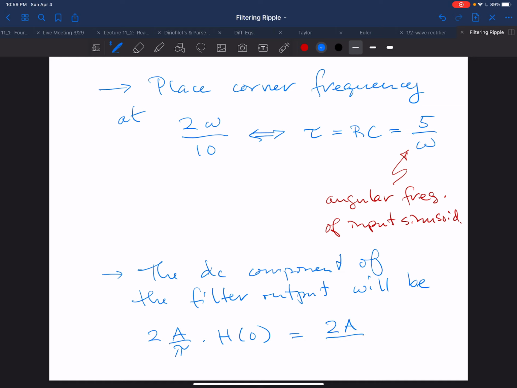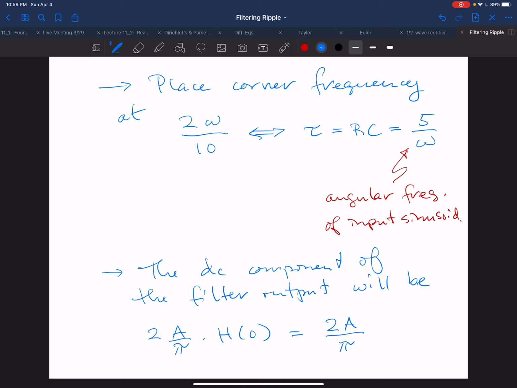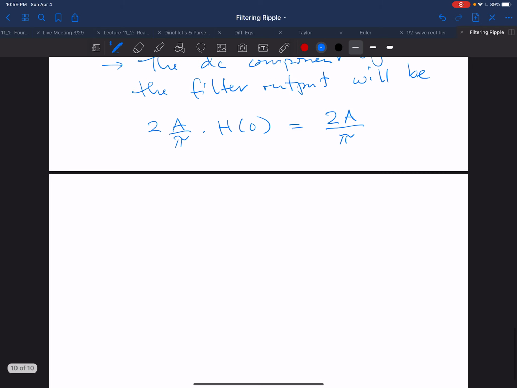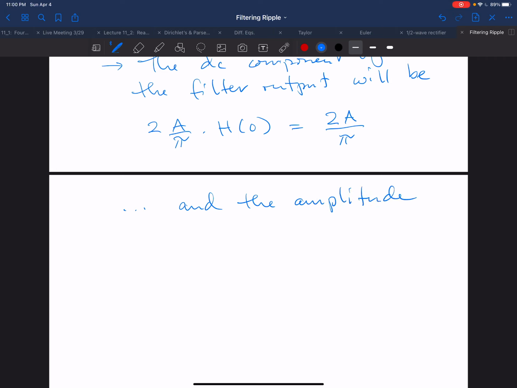So we'll get 2a over pi again as the DC component of our signal once it's gone through the filter. But the high frequency roll-off of our first order filter will decrease the amplitude of the sinusoidal component at 2 omega.